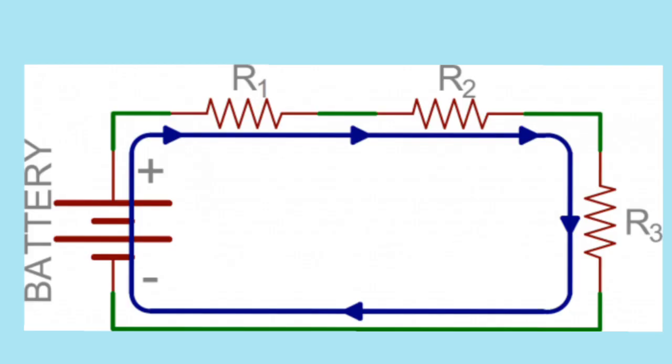So what is a series circuit? A series circuit is defined this way: 2 components are in series if they share a common node and if the same current flows through them. Here's an example circuit with 3 series resistors. Here we have 3 resistors, labeled R1, R2, and R3, connected in a long chain from one terminal of the battery to the other.